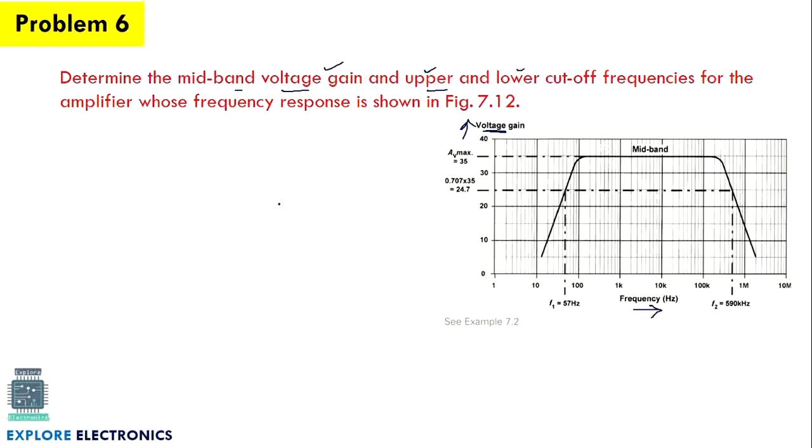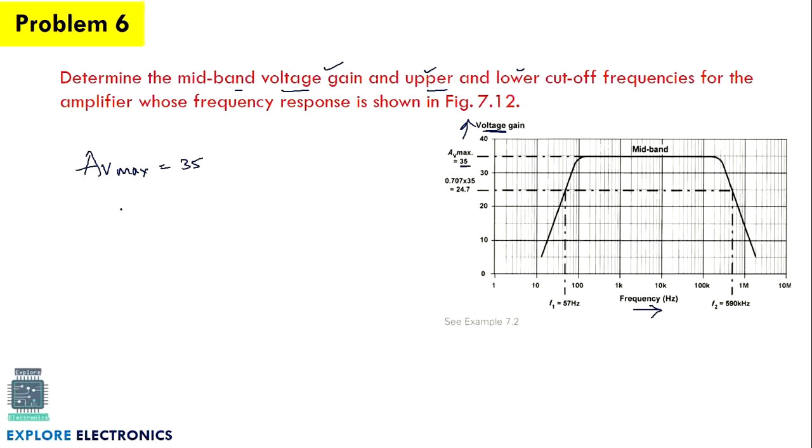First let us calculate gain, mid-band gain. Mid-band gain in the sense it is AV. This is the gain we will be having. The maximum gain they have given, it is 35. You can observe here, right? 35.